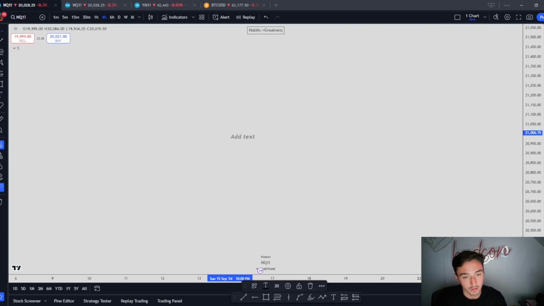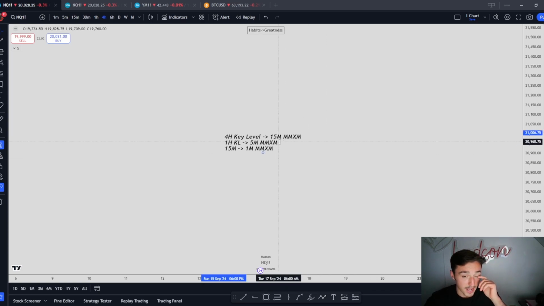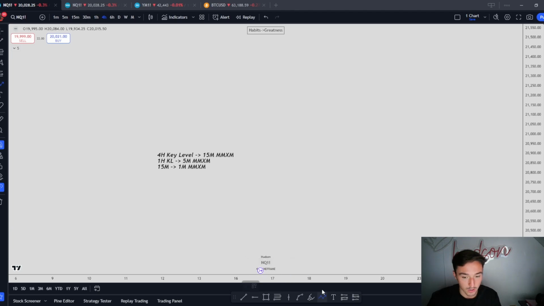So I should actually probably go over that. A 4-hour key level to a 15-minute market maker buy model. A 1-hour key level to a 5-minute market maker model. Oops, let's put X instead of B. A 15-minute to a 1-minute market maker model. These are your intraday market maker models right here, so screenshot that.